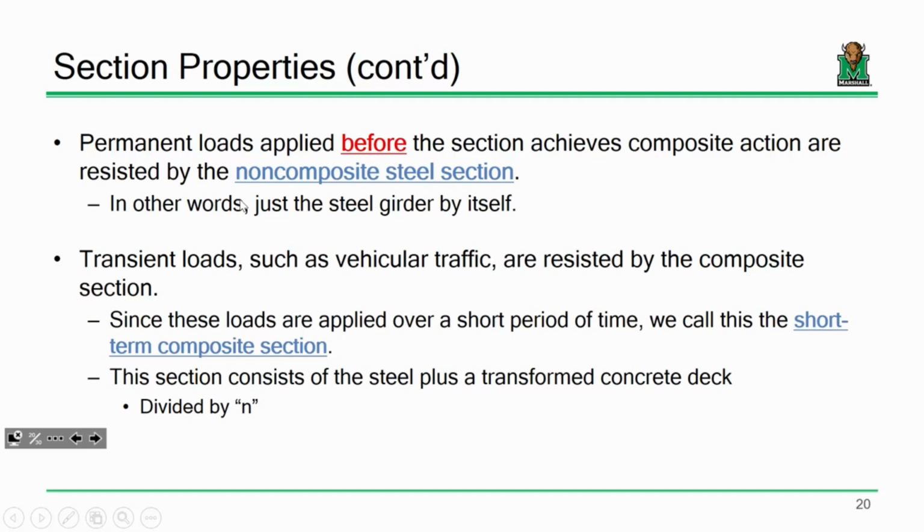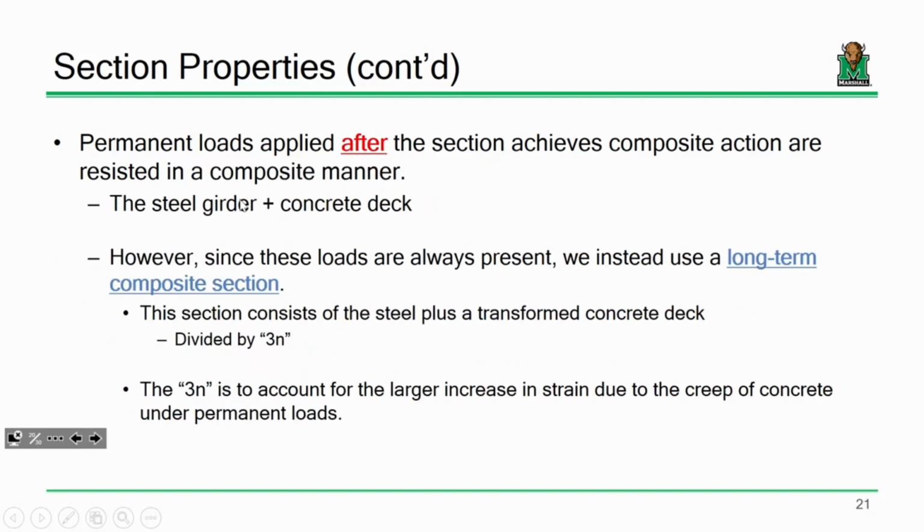Truck drives on and it's off, and then it's gone. Okay? Now, to determine the short-term section, I take that effective flange width and I divide it by N, that modular ratio. Sound good? Okay.